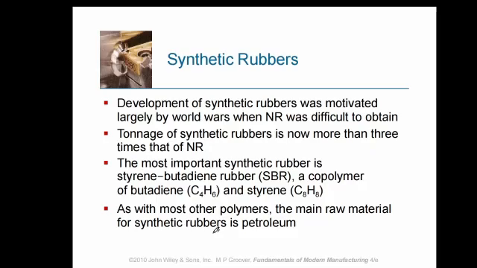And then we also have synthetic rubbers. And the motivation to make rubbers synthetically was mainly motivated during World War when natural rubber was difficult to obtain and they needed rubber for heavy machinery, military tanks, shoe soles for soldiers, and other components.